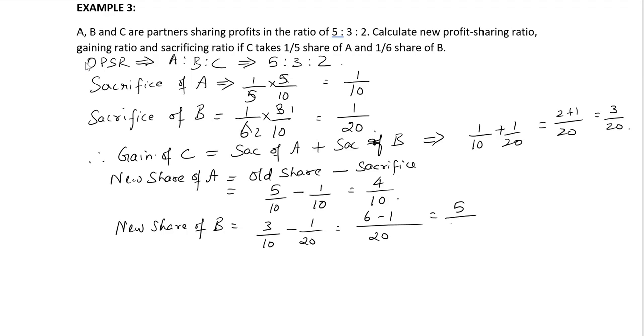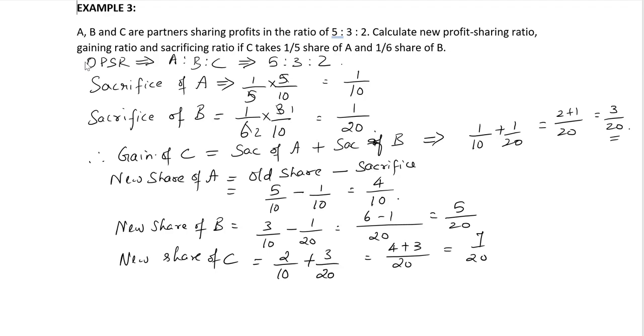Answer is 5 divided by 20. And the new share of C is equal to his old share, which is 2/10, plus his gain, which is 3 divided by 20. So we get 7/20 as the new share of C.